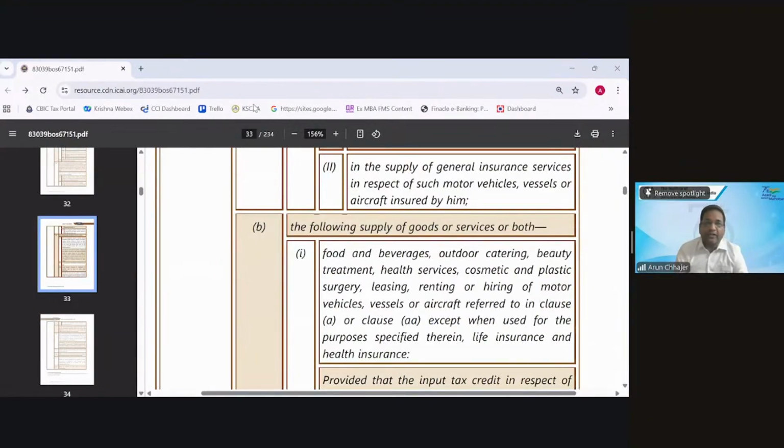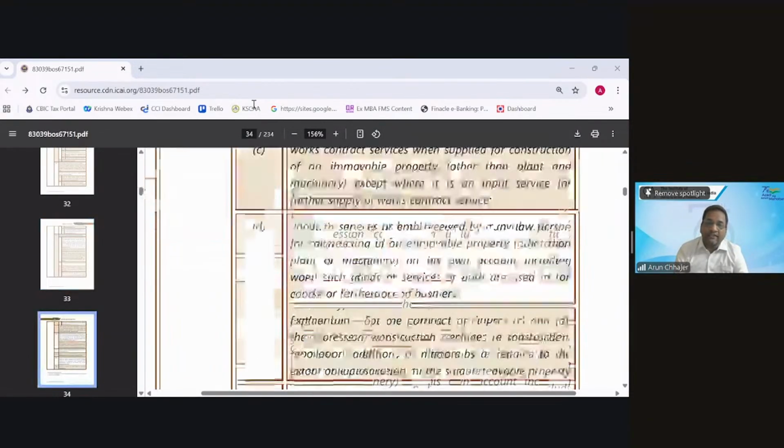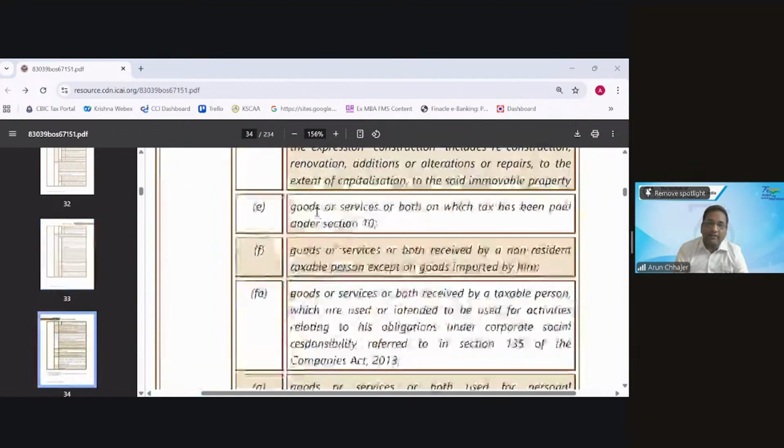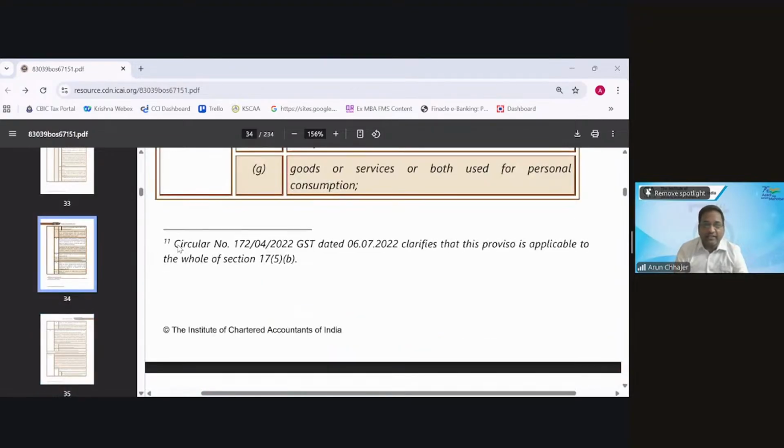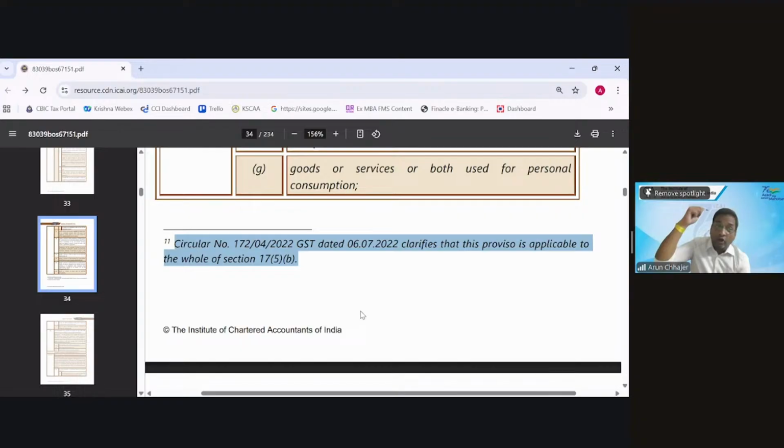Correct. Absolutely correct. So the circular 172, which is mentioned here also, there was various ambiguity in the market because various advance ruling authorities are giving the adverse decision by interpreting that this proviso is only applicable to home travel concession, etc. It is not applicable to the clause 1, clause 2.